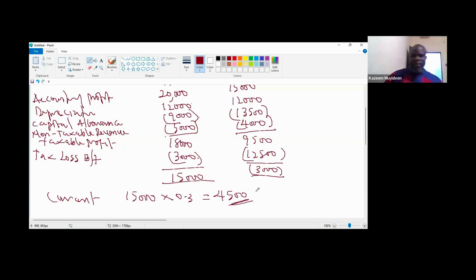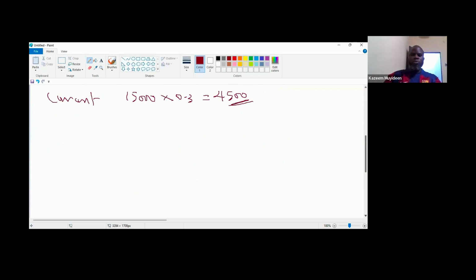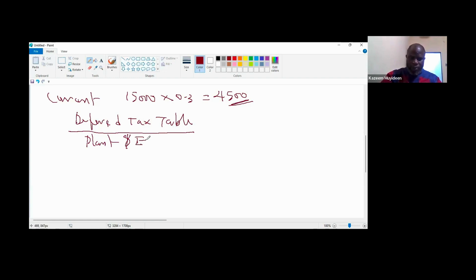And for the deferred tax, I'll use my table. Now say, okay, deferred tax table. Don't forget, out of the three assets, only one can give us temporary difference, which is plant and equipment.